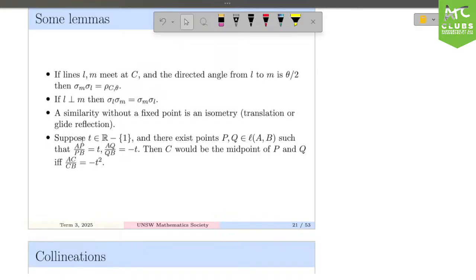Now, there exist points P and Q on the line L, which joins A and B. Suppose that AP over PB is equal to T, and AQ over QB is equal to negative T. For a midpoint C that we consider, C is a midpoint if and only if AC over CB equals negative T squared.